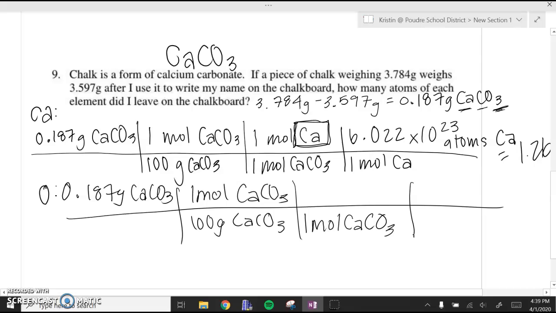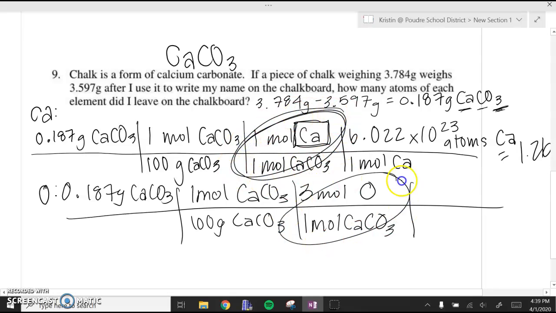In this case, for oxygen, there's actually 3 moles of oxygen for every 1 mole of calcium carbonate. And so that crucial step of switching from the compound to the atom is going to affect your answer. So don't just write that step off. It's really important.